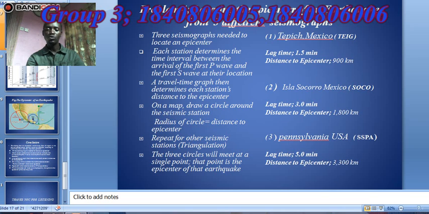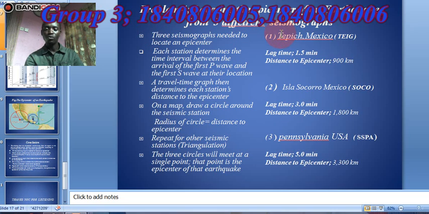So to do this, we still need some additional information, and that is why we are having this example, because we are going to be making use of 3 different seismographs. The readings from the 3 different seismographs will be used in order to identify the exact location where the earthquake occurs.